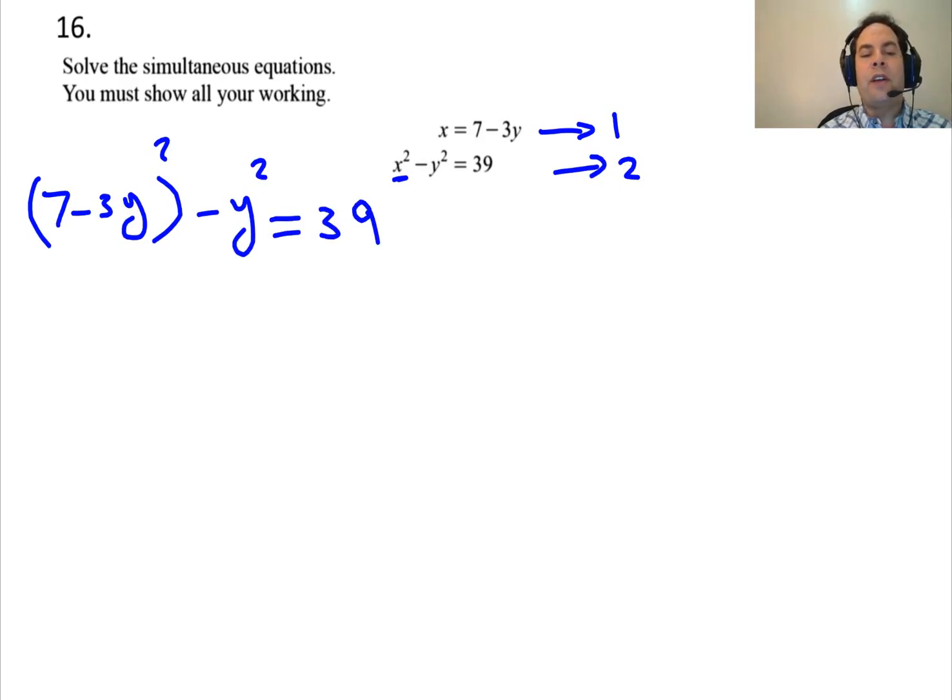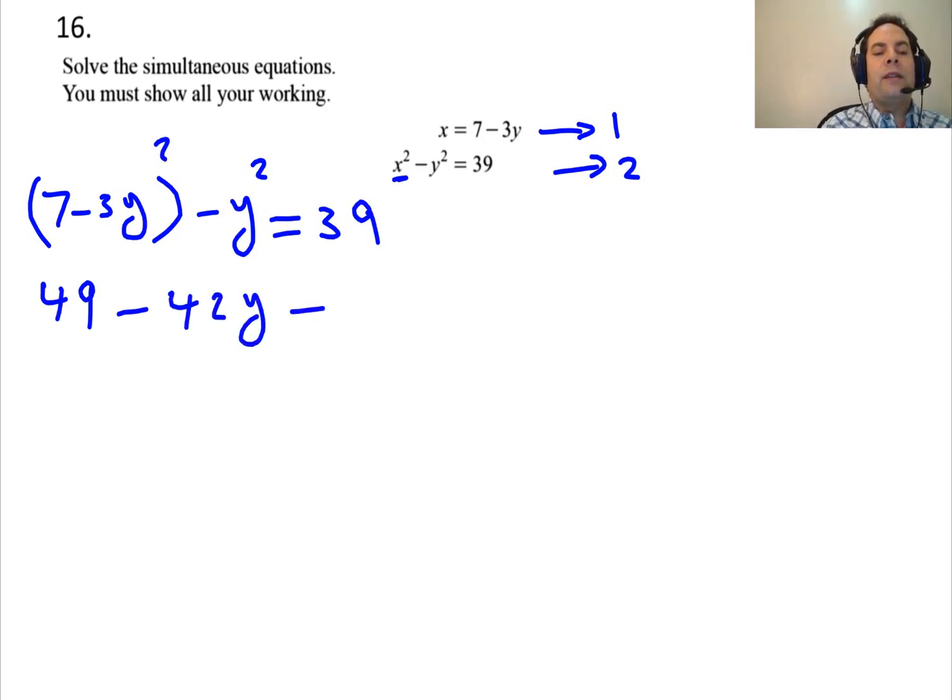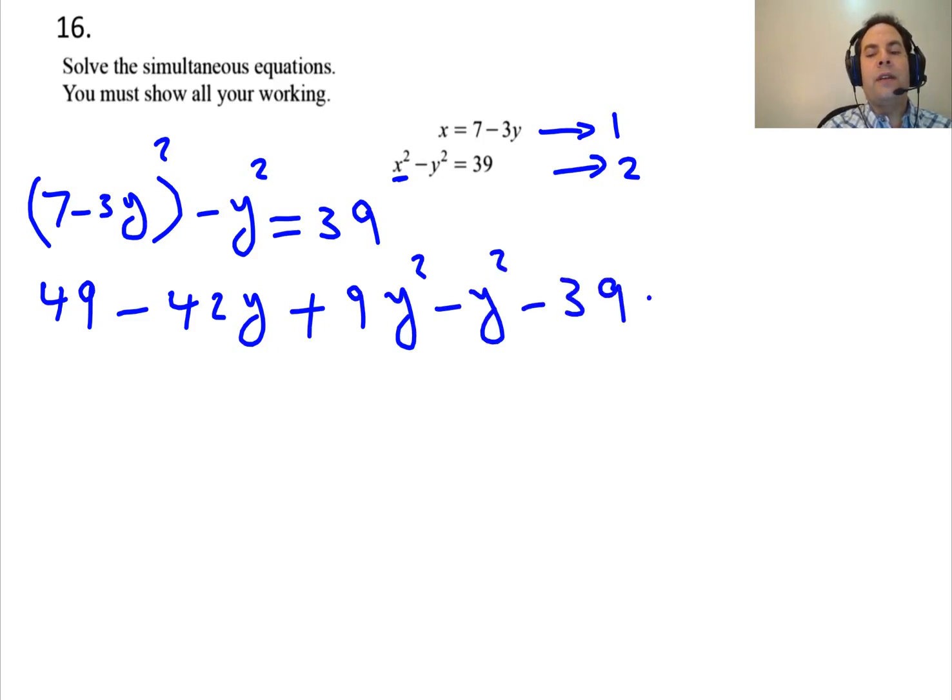We have the quadratic equation. Expand, simplify, write it in standard form, then use factorization or the quadratic formula to get the values of y. Expand: 49 minus 42y, first by second by 2, plus 9y squared minus y squared minus 39 is equal to 0.